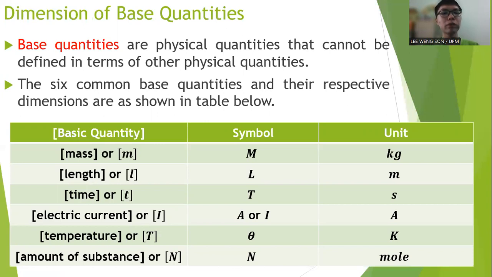For example, to determine the dimensions of time, first you put the square bracket on the time symbol t, and the final answer will be the capital T, that is the dimension for that particular base quantity. And its unit is second.